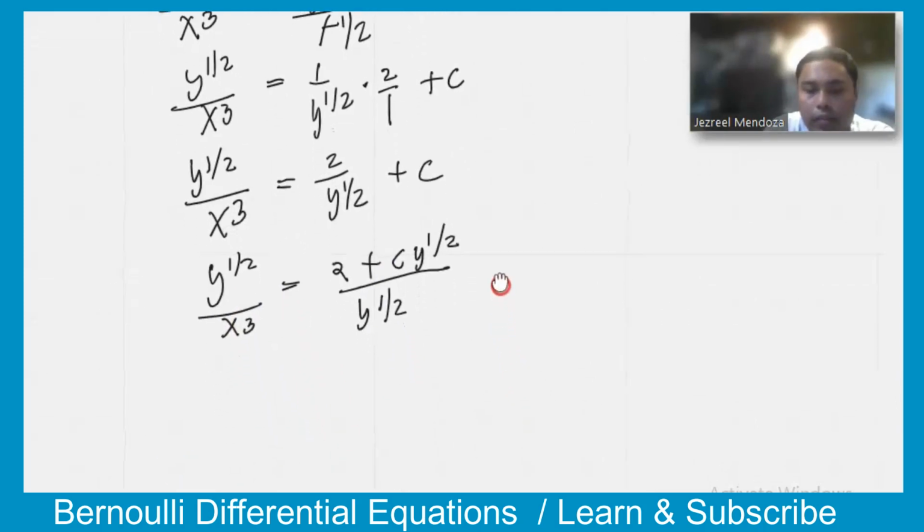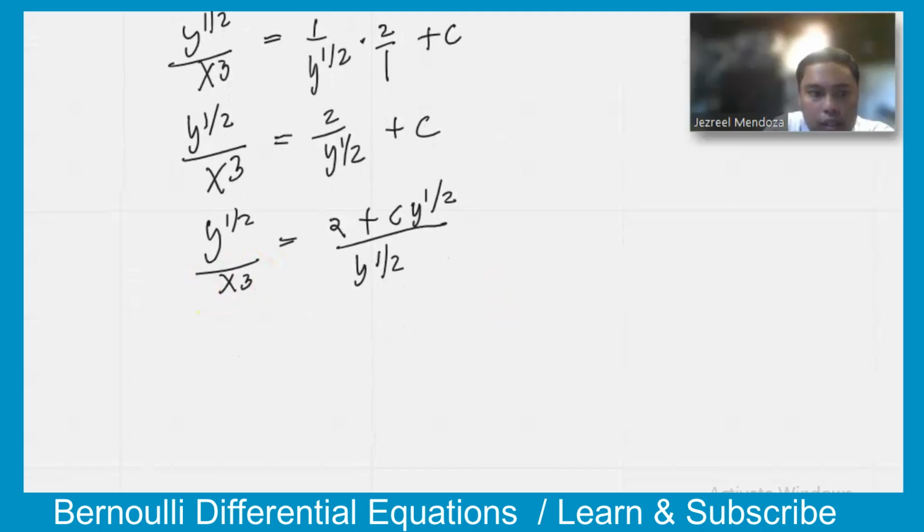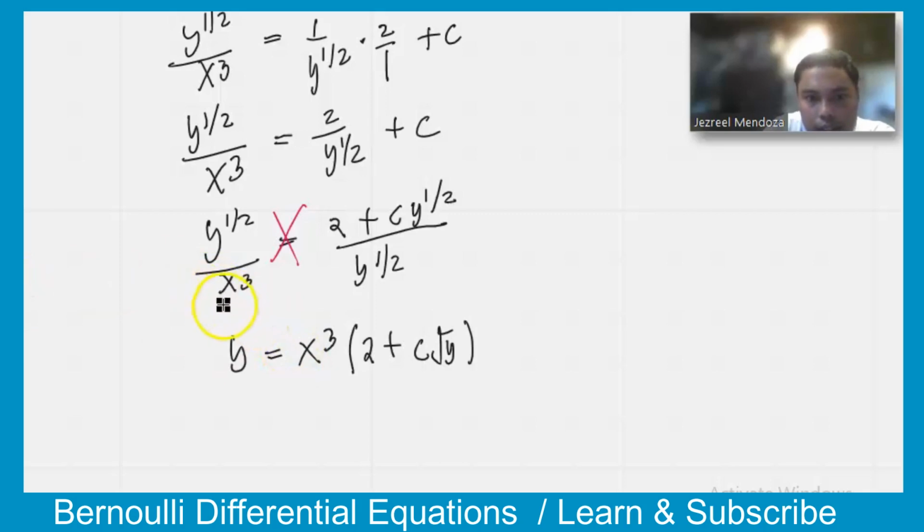After that, cross multiply, then we have y to the 1/2 multiplied by y raised to 1/2, that's y, equals x cubed times 2 plus c times the square root of y, and this is our final answer.